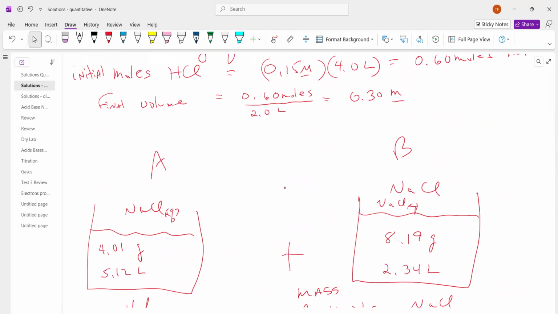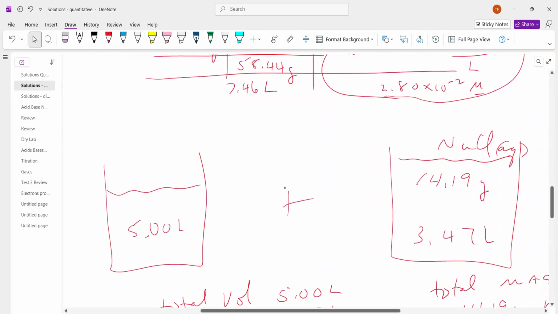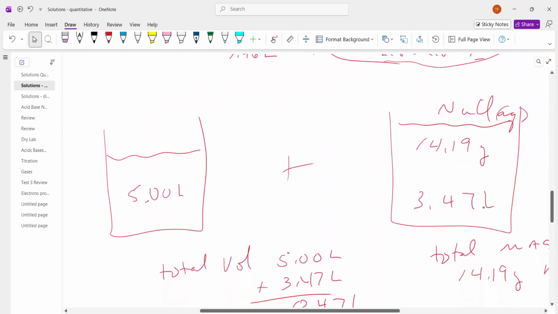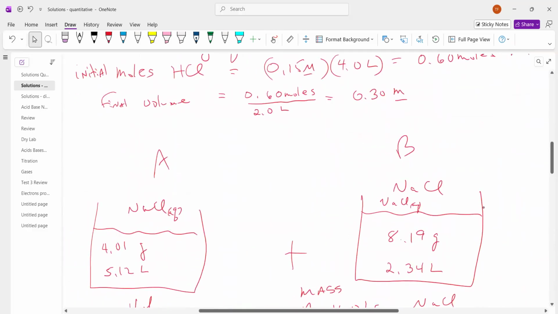We've got 4 grams in 5.12 liters. The other one's got 8 grams in a little over 2 liters. We dump them together. What's the final concentration? That's what the problem is. We're going to start off with writing.